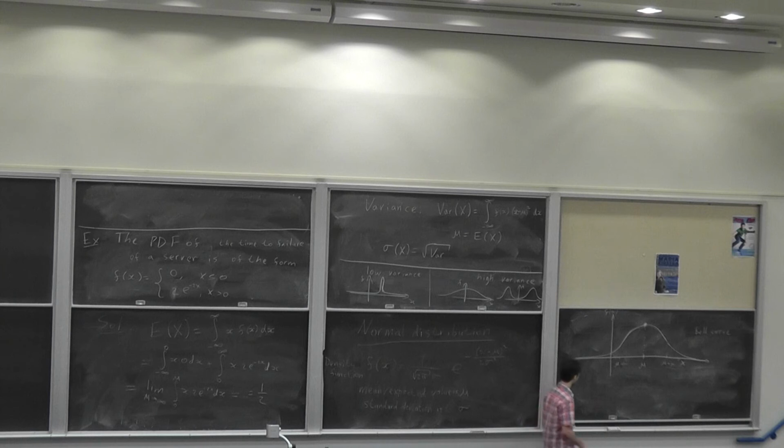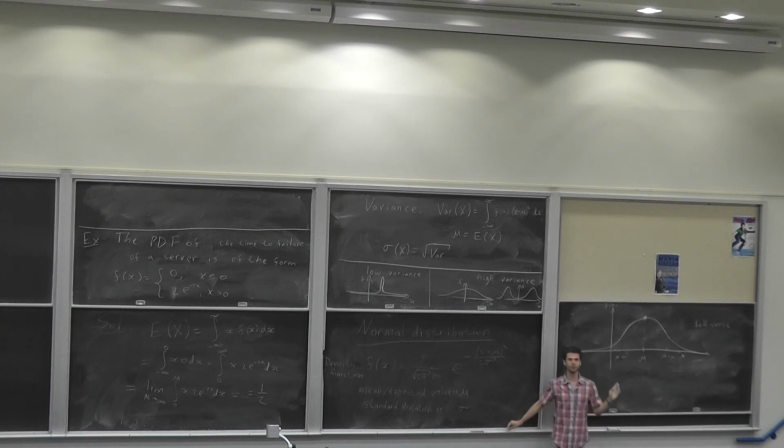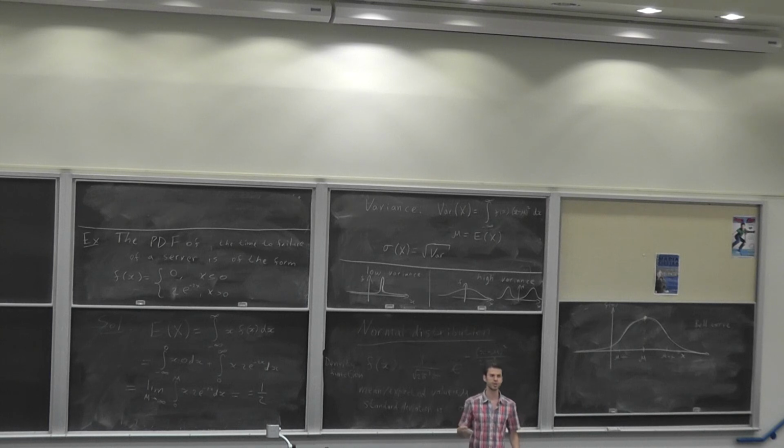And first of all, why is it important? It turns out that if a random variable happens to be the result of averaging multiple factors, then it's going to be distributed like this.